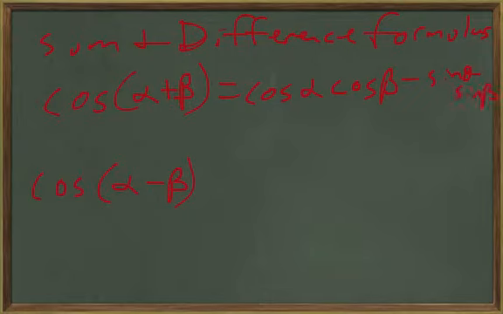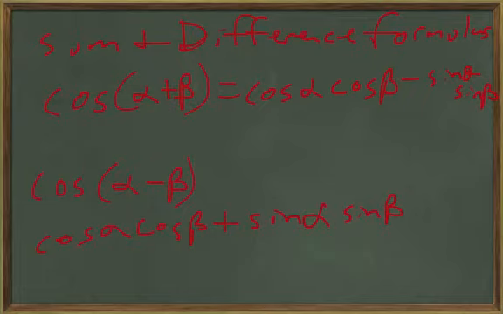With the cosine of alpha plus beta, you use subtraction, whereas if it's cosine of alpha minus beta, you use addition. So that is cosine alpha cosine beta plus sine alpha sine beta. And we could get into the proofs with that, but I'm really not all that worried about it.